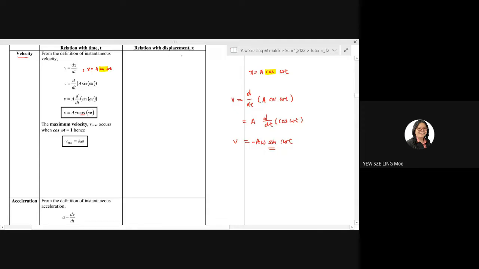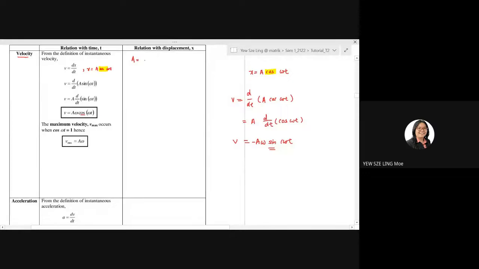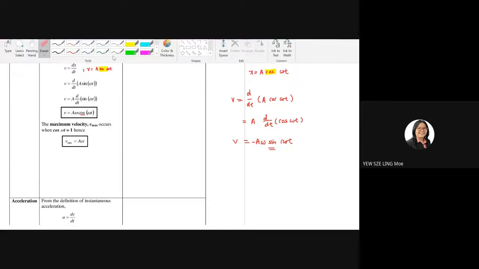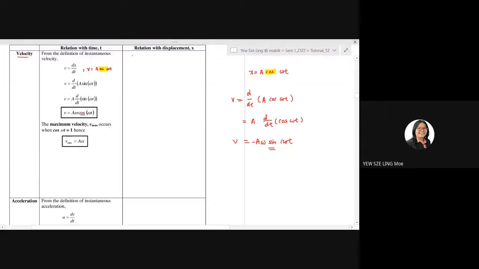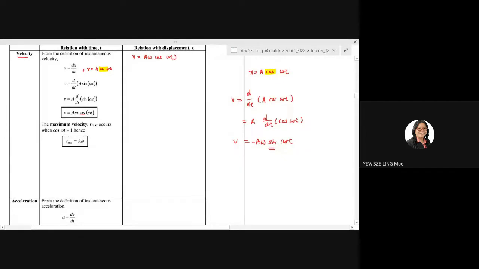Relation with displacement x. V is equals to a omega cos omega t.